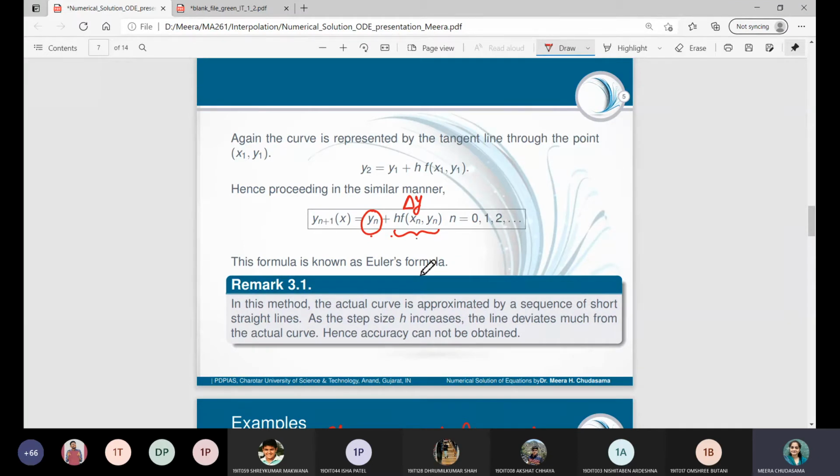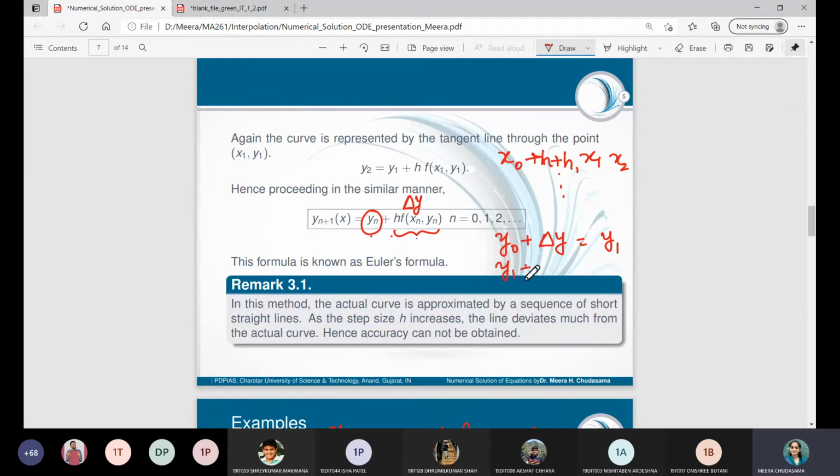In a similar manner, when x is advanced by the step size h, the corresponding values increase: x0 is given, if you add h to it, you will get x1. Again, if you add h, you will get x2. Similar to that, when y0 is given, if you add some increment to that, you will get y1.